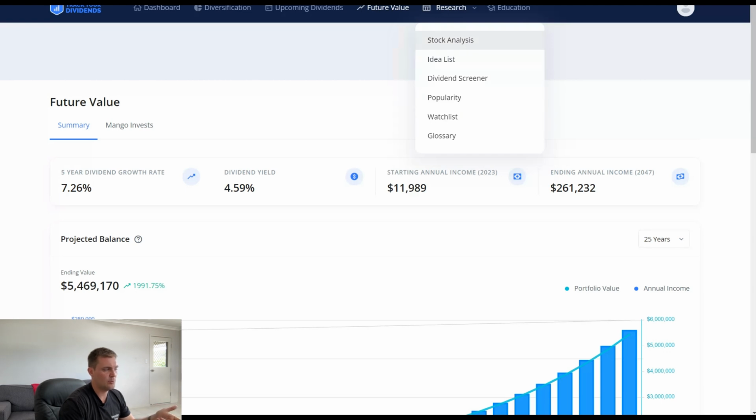So stock analysis by professionals, a dividend screener just to say that this stock is on a rating of 9 to 10, fairly safe, and then so on.